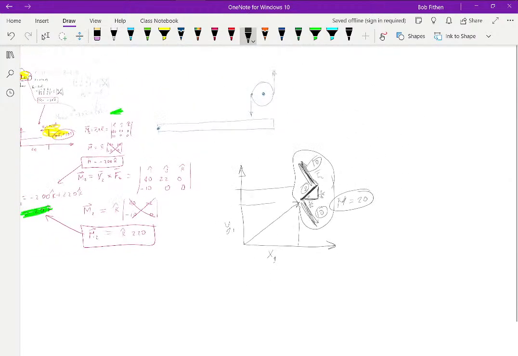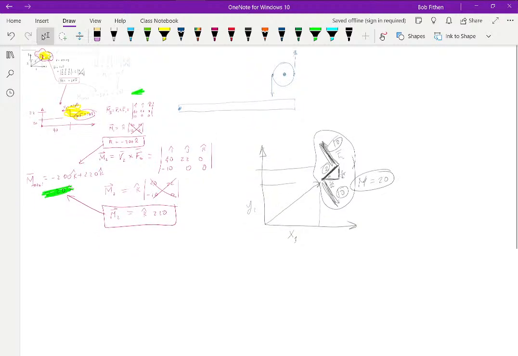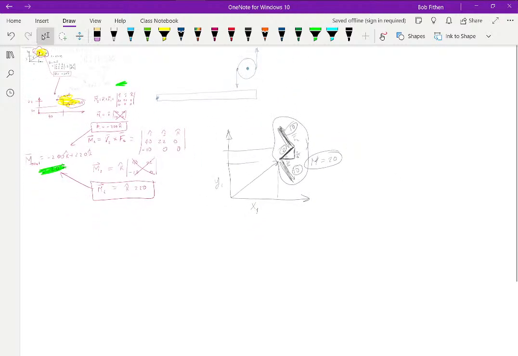Doesn't matter where you rotate it, doesn't matter anything. If I rotated it, it would still give me back the same moment.